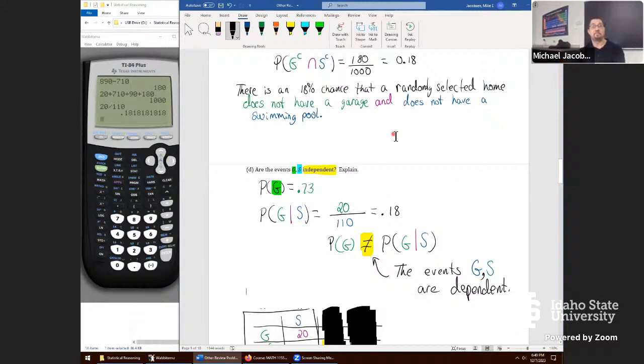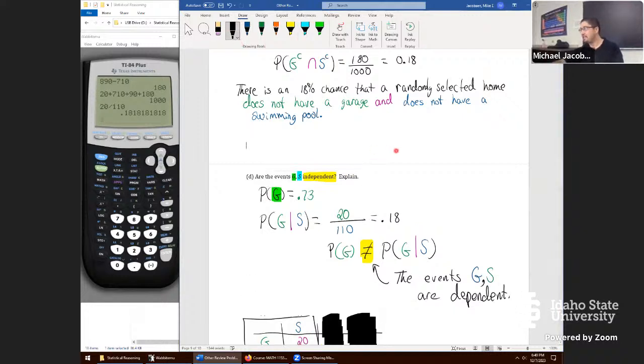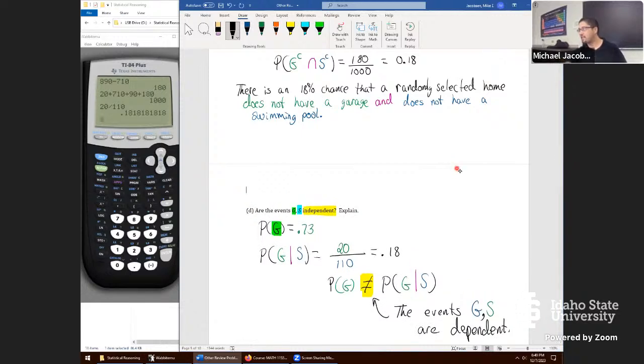Exactly, yes. So that last comment is, if it ever looks like this, if the probability of G, instead of not being equal, is dead on equal to the probability of G given S, then we would say S is irrelevant.